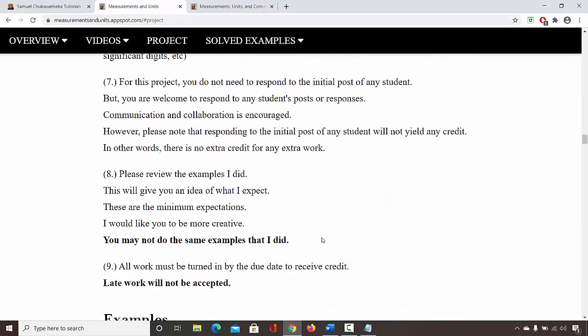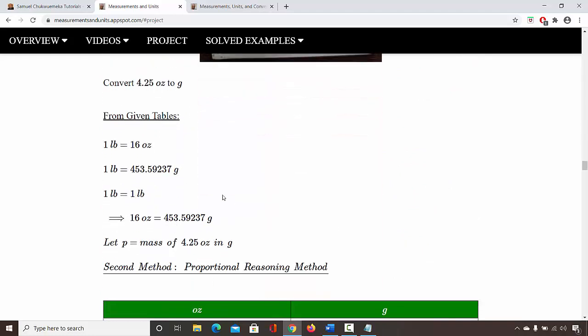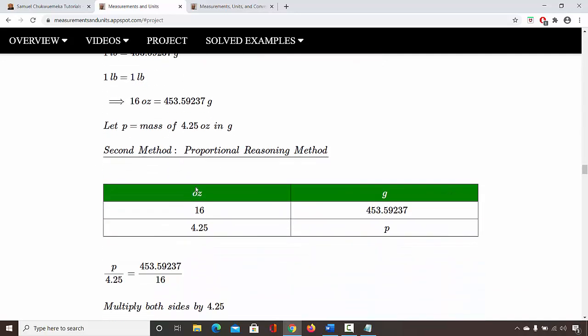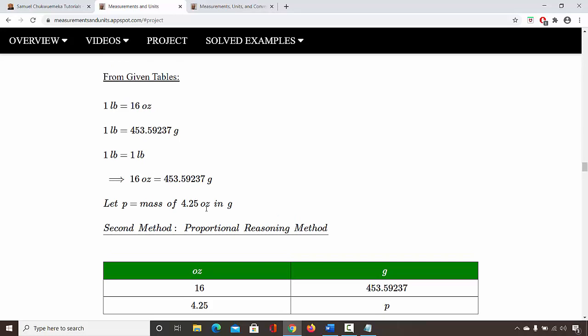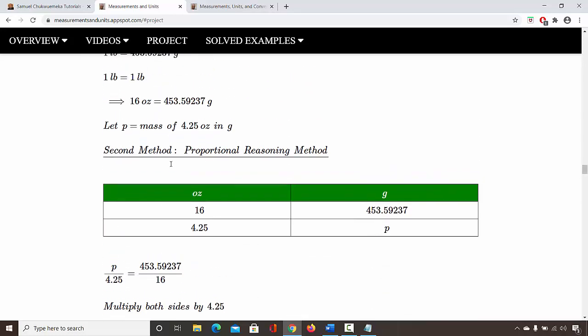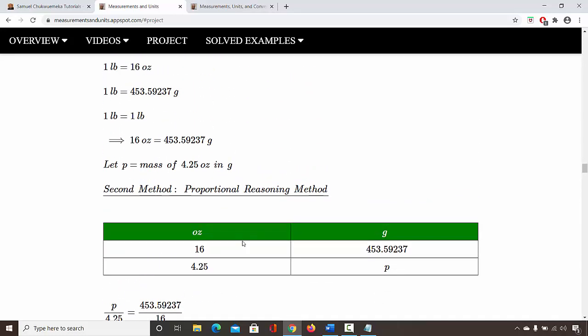So we see that 1 pound is 16 ounces. We also see that 1 pound is 453.59237 gram. So 1 pound is equal to 1 pound, and we can use the proportional reasoning method. With proportional reasoning, you ask them, what are the 2 units involved? It's ounce and gram.